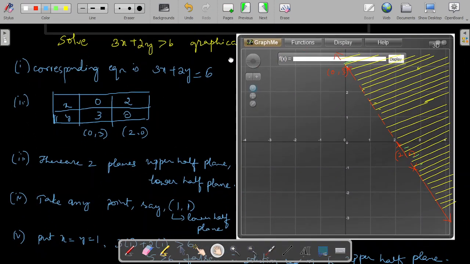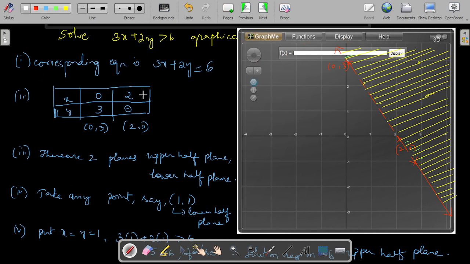Let's solve one problem. Solve the inequality 3x plus 2y greater than 6 graphically. What I do here is, first always you have to write the corresponding equation associated with this inequality, because you know that ax plus by equal to c, or ax plus by plus c equal to 0, always represents a straight line.